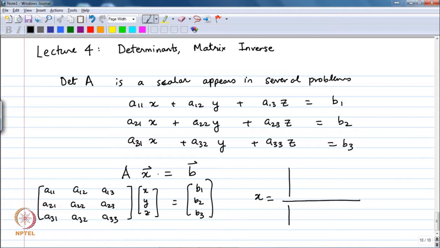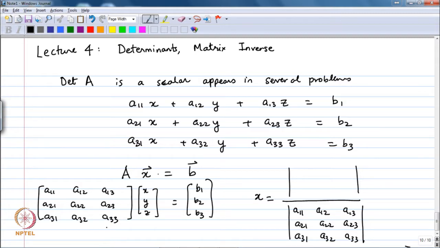You write a determinant of a11, a12, a13, a21, a22, a23, a31, a32, a33. So this is just the determinant of A, and this appears in the denominator.